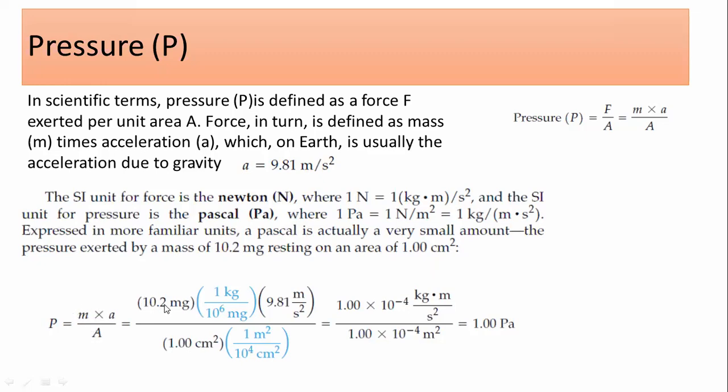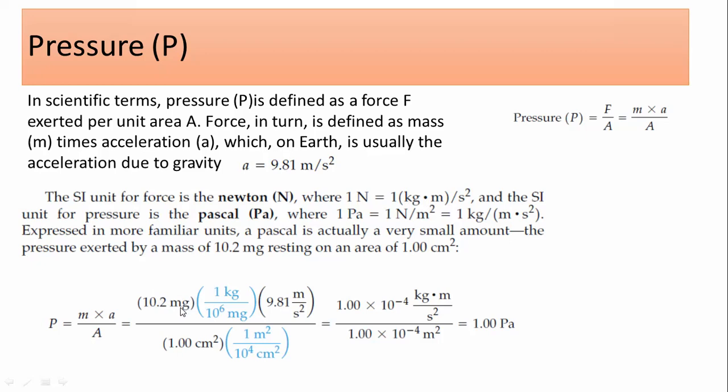The mass is 10.2 milligram, and because you are using the SI unit, you have to convert this milligram into the kilogram. Look at this, the Newton has the unit of the kilogram, so we are moving towards the conversion of milligram to kilogram.